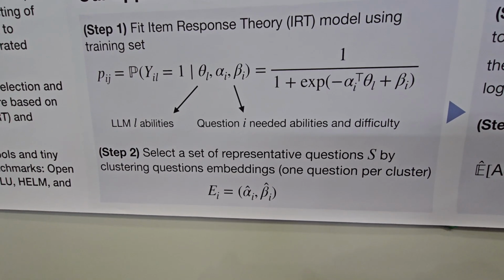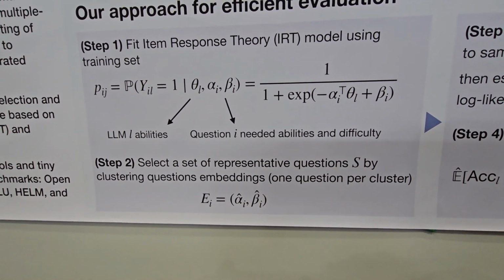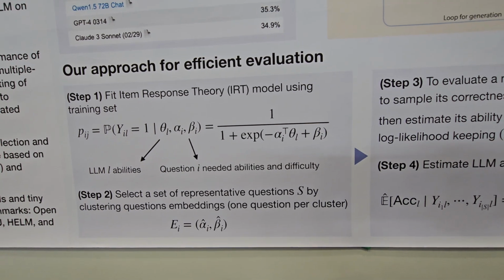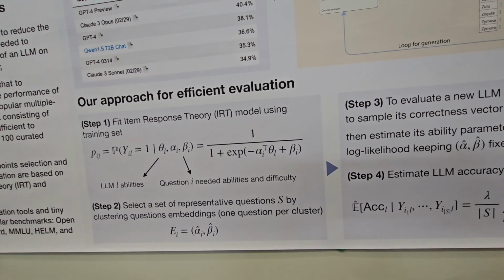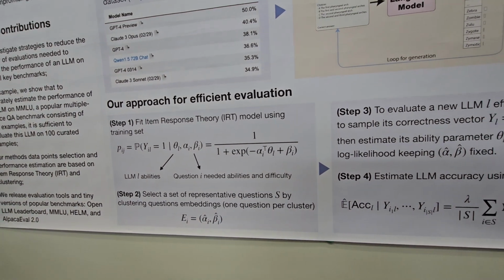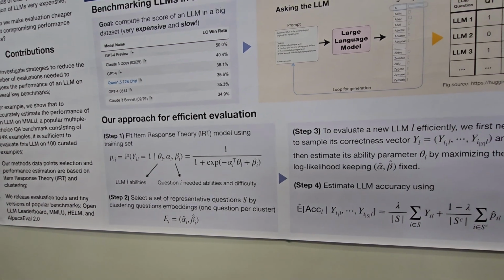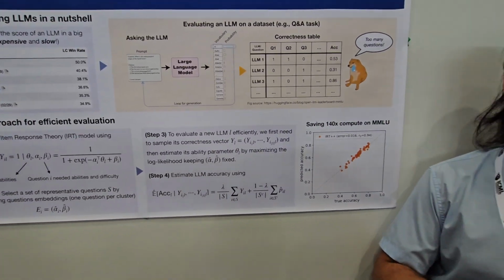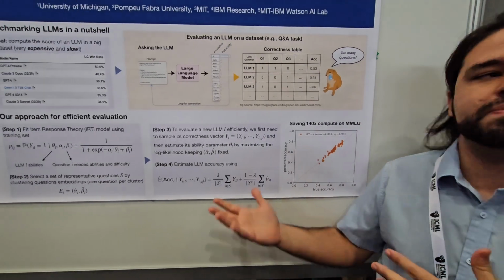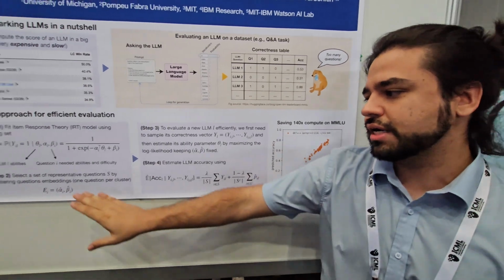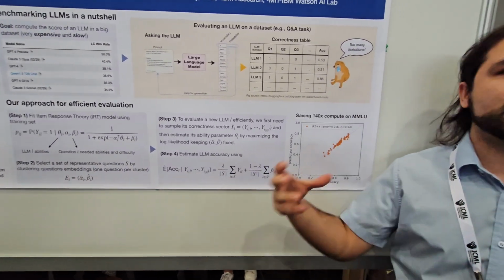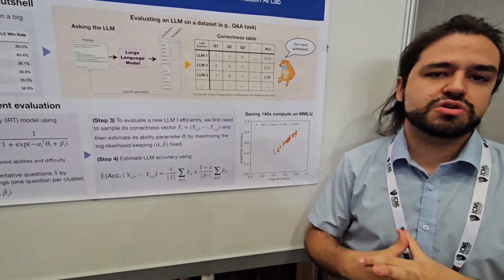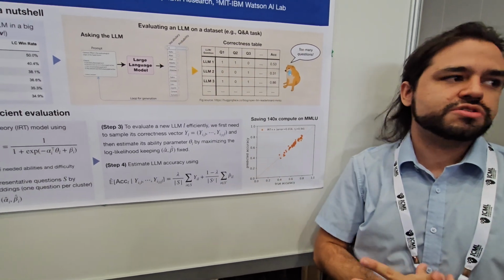We do that with every question, and then we can cluster the questions by similarity. If 2 questions are very close to each other in terms of these embeddings, it means that they are measuring the same thing and have the same level of difficulty, so we don't want to keep both. We cluster those questions and select a core set of representative questions. So from thousands we can go to 100 questions.